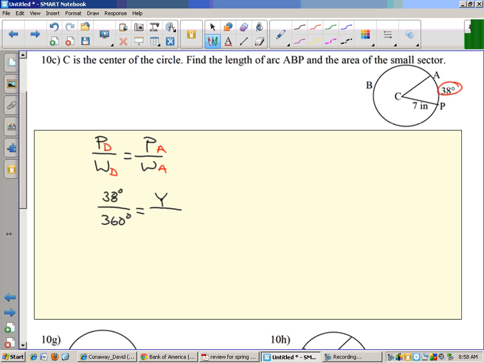What's the formula for area? Pi r squared, and the r in this case is 7 inches squared. Okay, I'm done with the geometry side of this. The setup is done. Everything else is algebra.